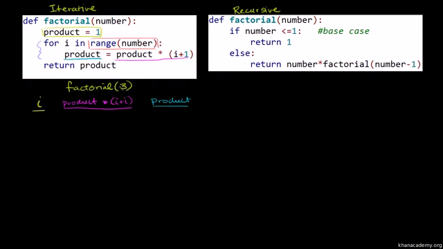So the argument that we pass to factorial is 3, and the variable number will refer to 3. When you call range of number, it will return a list 0, 1, 2. So 3 elements starting at 0, and the last element is 3 minus 1.